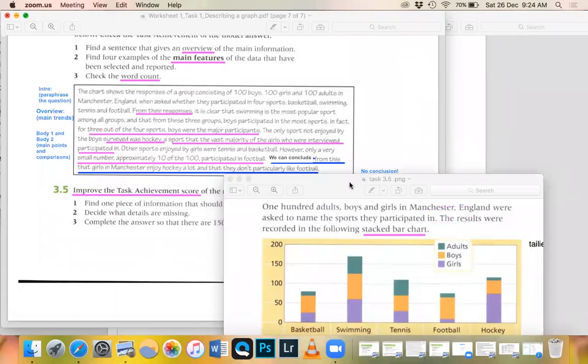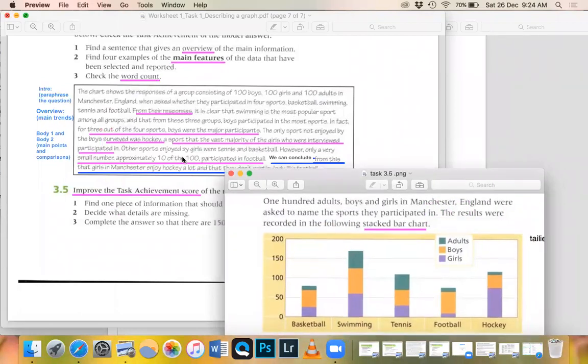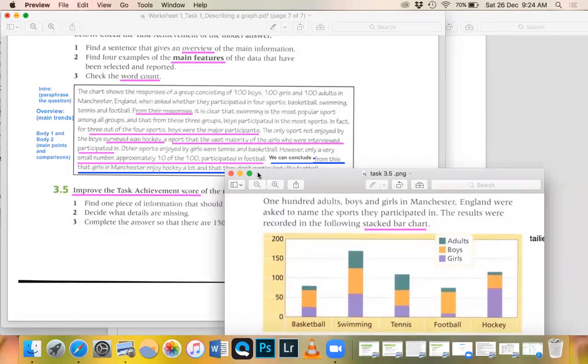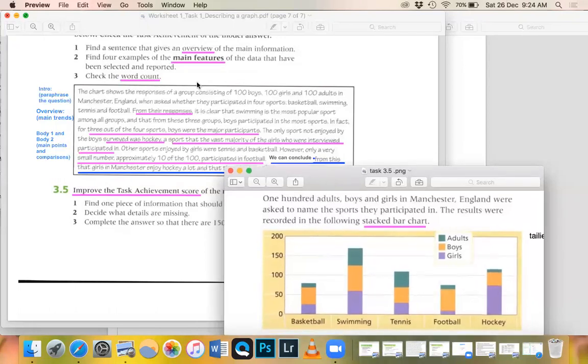I want you to quickly read this paragraph again. Look at the bar chart. And I want you to tell me which information is missing. What did they not write about in this task 1 over here? Okay, so I'll give you 1 minute to quickly read it again and then tell me what did they leave out? What information is missing?